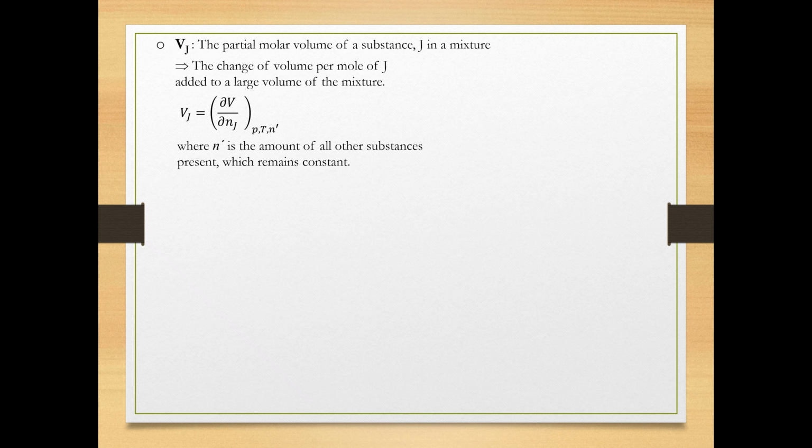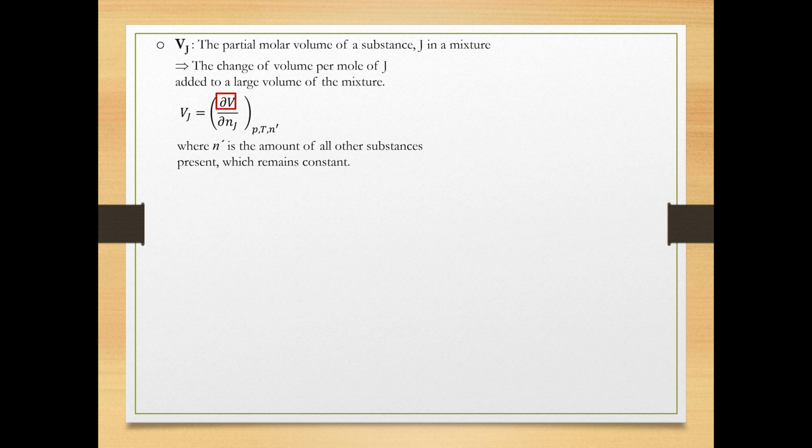It represents the change in the total volume of the mixture per mole of J added, while temperature, pressure, and the amount of all other components remain constant. There are several important details in this definition. First, we are looking at a change in total volume, not the volume of component J by itself.